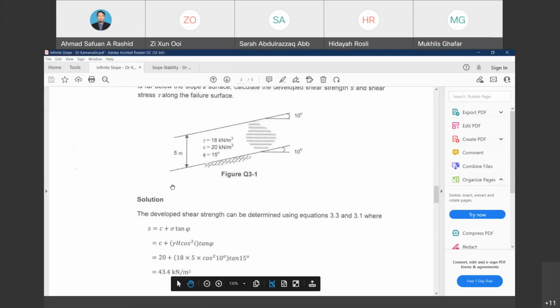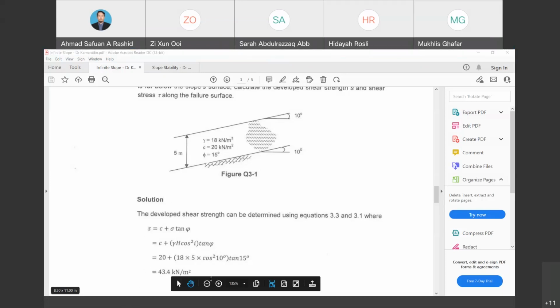Beta is 10, so cos 10 tangent 10. For the first side, it is equal to 1.29 or 1.3.